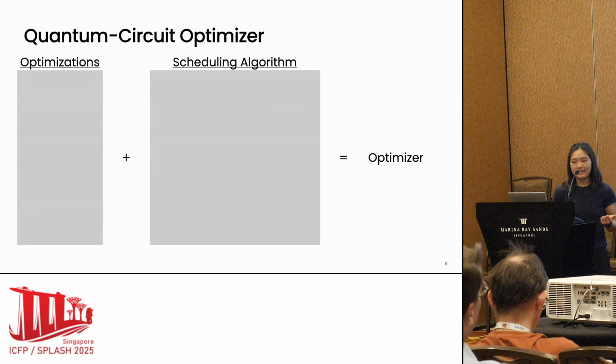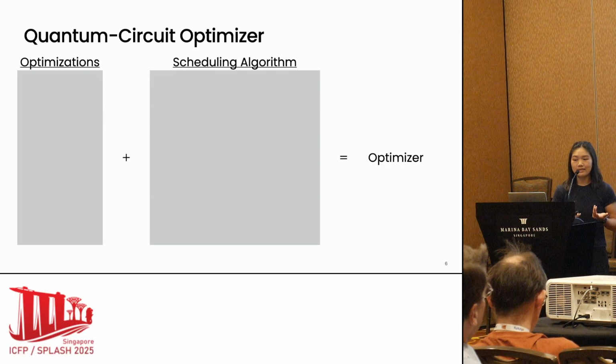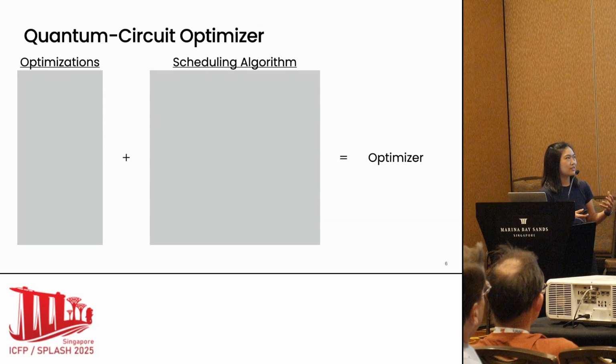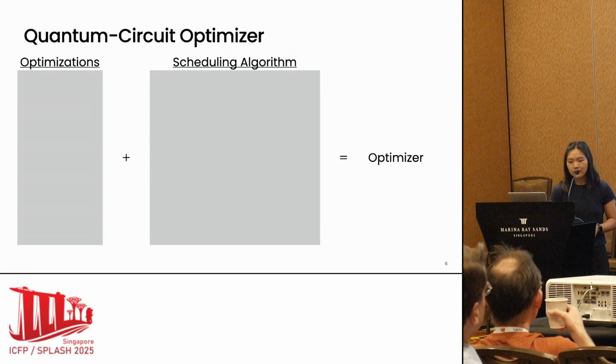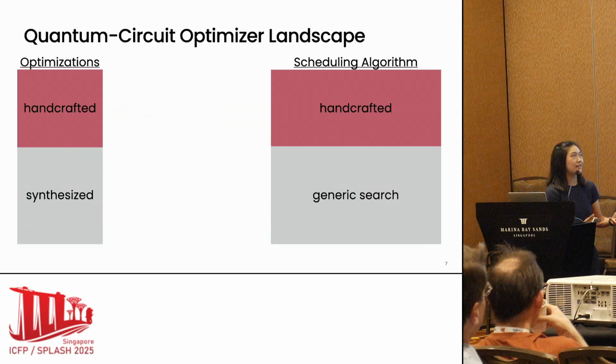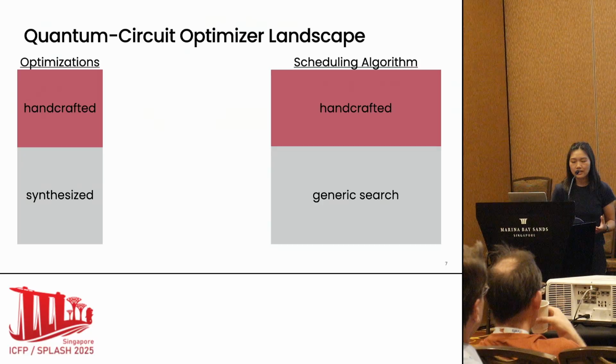And to break this down, I'm going to present an optimizer as these two components. One is the set of optimizations that you're allowed to perform, and then the other is the algorithm that you use to schedule the application of these optimizations. And to characterize this landscape, I'm going to be separating it into optimizations and algorithms that are handcrafted and ones that are more generic or synthesized.